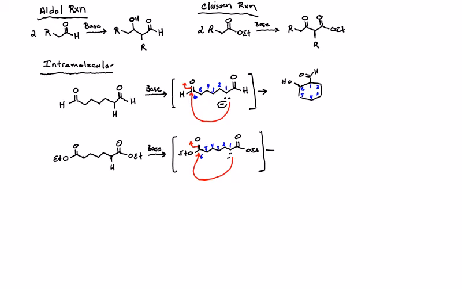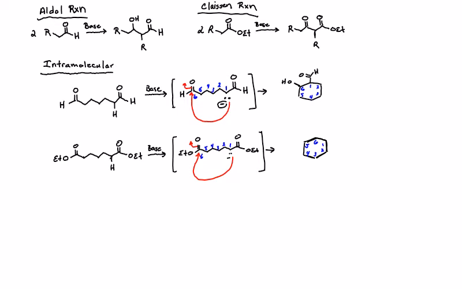So like I did before, I'm going to just draw that 6-membered ring, and I'm going to number the carbons. And again, arbitrarily, it doesn't mean that you have to start from the top carbon and go clockwise or anything like that. In fact, just to show that, I'll go and number it like this. So you can see that we can start at a different carbon if we want to.